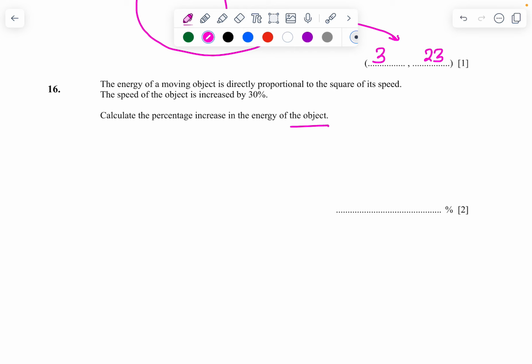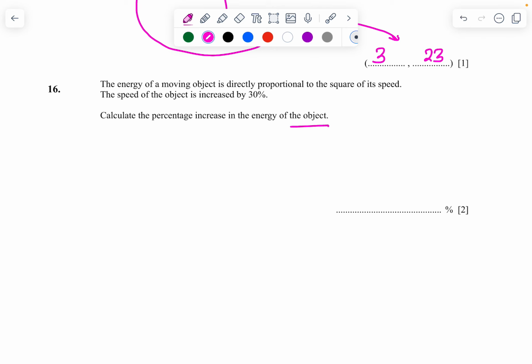So over there, percentage increase is the increase divided by the original times 100. That's going to be the formula for finding the percentage increase. So what is the original one and how much has it been increased? Then times 100 will give me the percentage increase. That is the formula that I'm going to use.